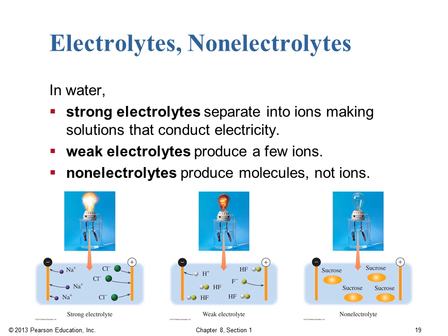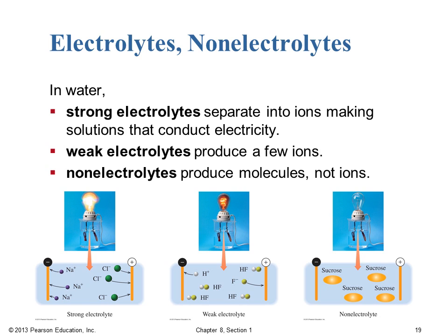And then lastly, we have non-electrolytes. Non-electrolytes do not separate into ions at all. It's going to stay completely intact as a molecule. You will not have any ions, and so you wouldn't have any charge able to pass through the solution. It will still dissolve in the solvent, but it will not have any charges.